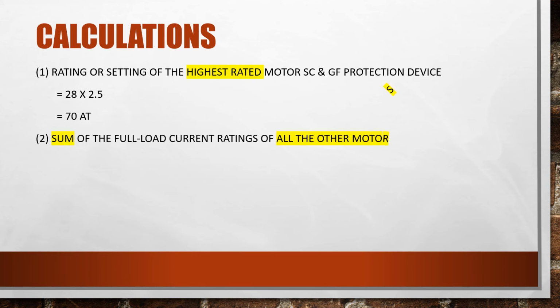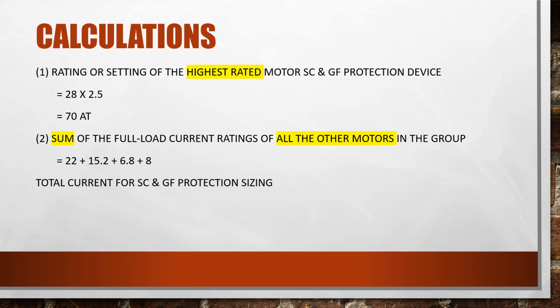This is the highest, plus the sum of the full load currents of all other motors: 22 ampere, 15.2, 6.8 plus 8. So total current for short circuit and ground fault protection sizing, we have 70, the largest protection device, plus the currents of other motors: 70 plus 22 plus 15.2 plus 6.8 plus 8.